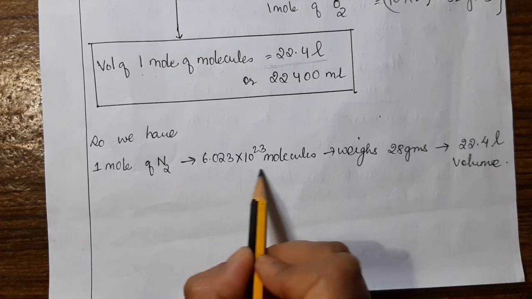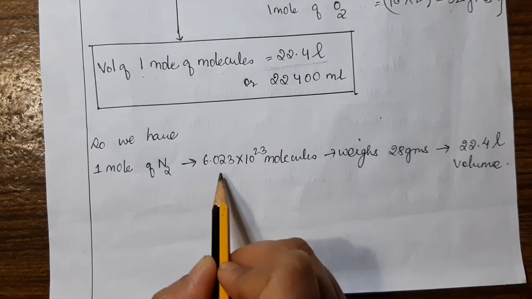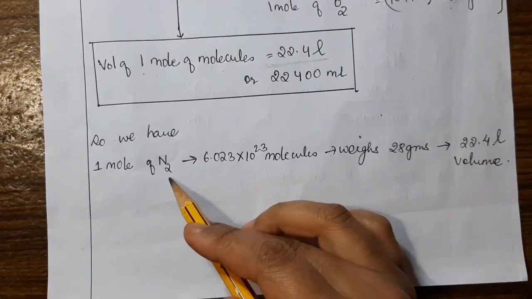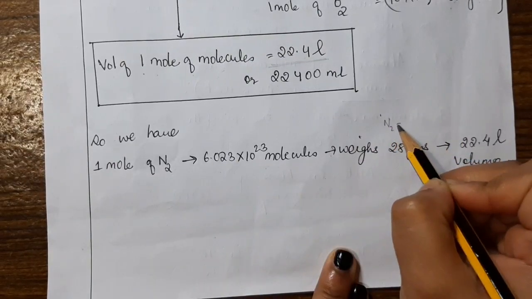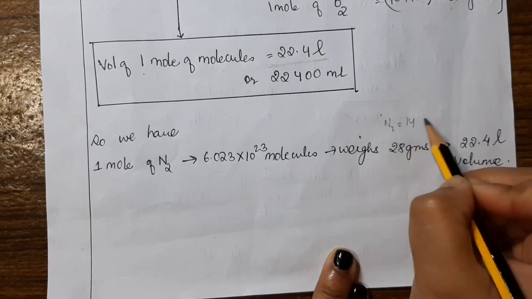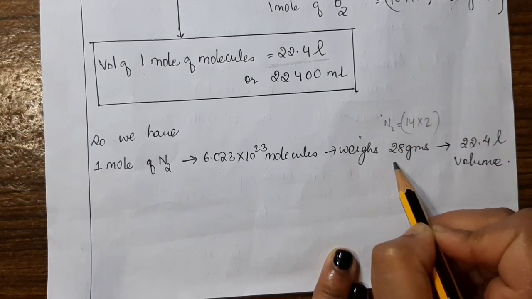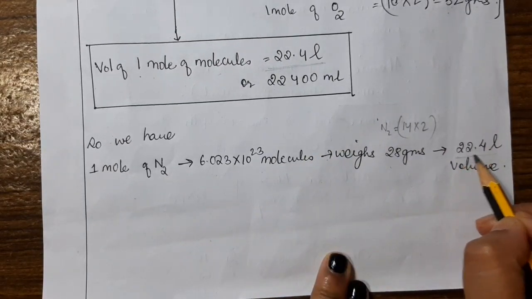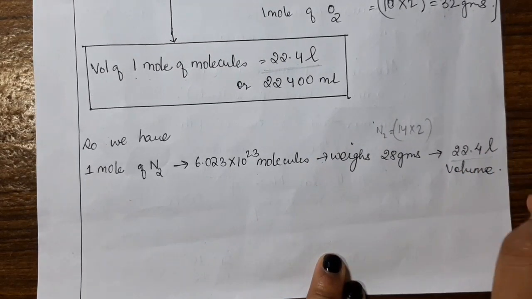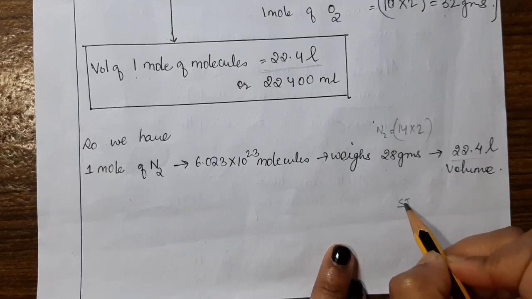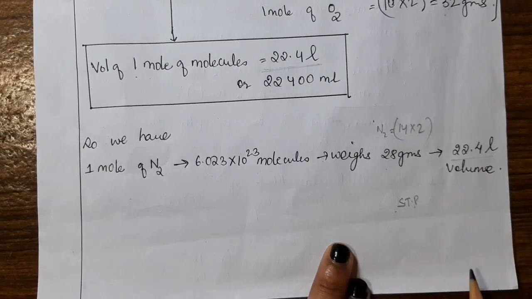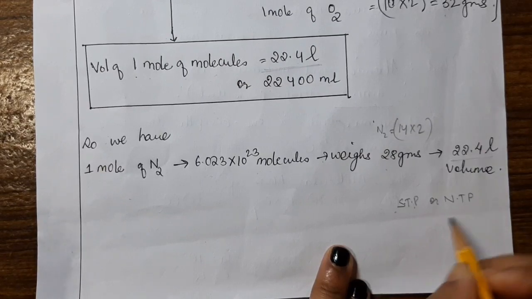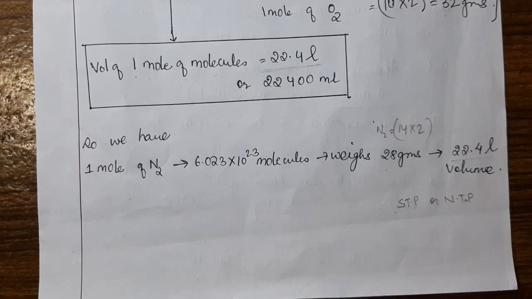Avogadro number of molecules. And the weight would be the gram molecular mass of nitrogen: N2 equals 14 into 2, 28 grams. And what is the volume of 1 mole? Always 22.4 liters at STP, standard temperature and pressure. You can also write it as NTP, normal temperature and pressure.